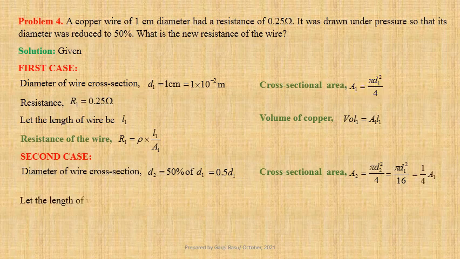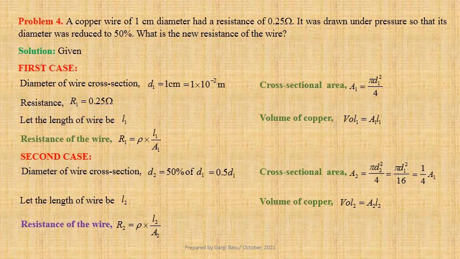Let the length of the wire be L2. Volume of copper Vol2 equals A2 into L2. Resistance of the wire R2 equals rho into L2 by A2. Since Vol1 equals Vol2, A1 into L1 equals A2 into L2.